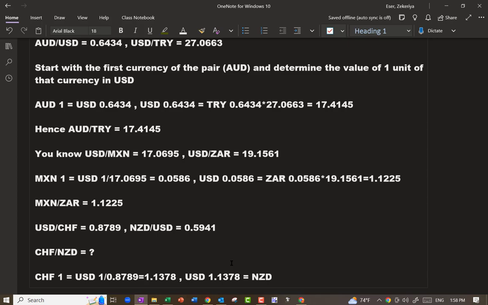Because I want the value of $1 in terms of New Zealand dollars. But the exchange rate gives me the value of 1 Kiwi in terms of dollars. So I'm going to go the other way around. So 1.1378, because that's the value of the US dollars I have, divided by the exchange rate. That's 1.9152.